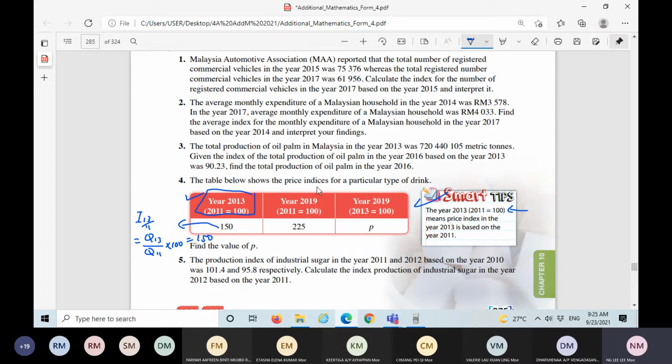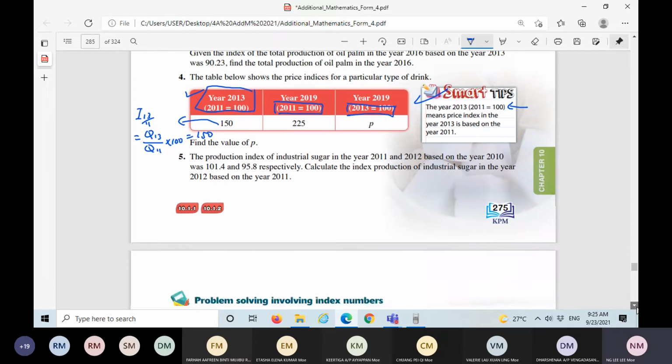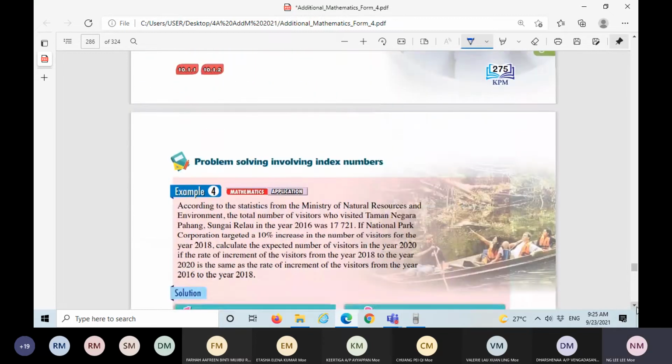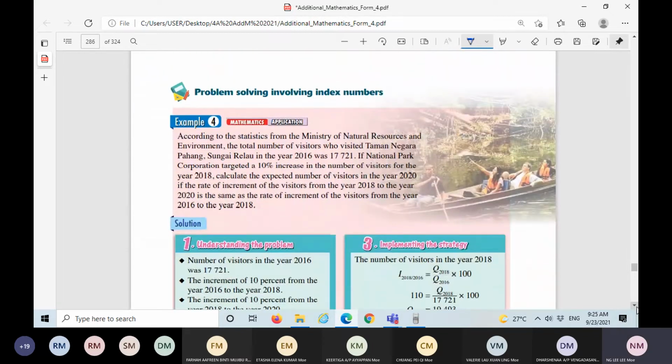This is the meaning. So you must understand and you must know what this is. Sometimes the question will come out in this way. Now we look at one problem solving question.